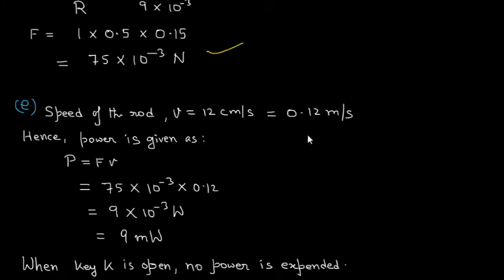The speed of the rod V is equal to 12 centimeter per second, that is 0.12 meter per second. Hence power is given as P is equal to FV. Putting the values of F and V, we get 9 milliwatt. When key K is open, no power is expended.